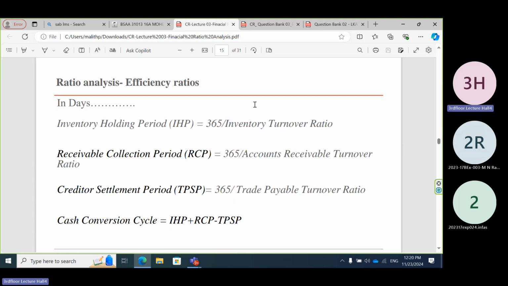Inventory holding period. 365 divided by inventory turnover ratio. In other words, we can say that average inventory divided by cost of goods sold into 365.